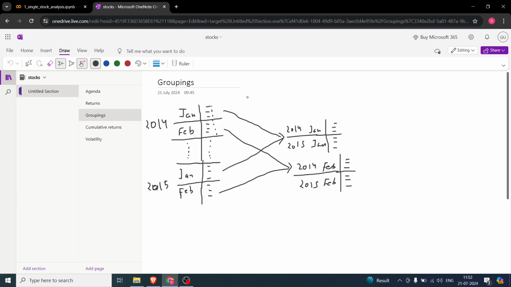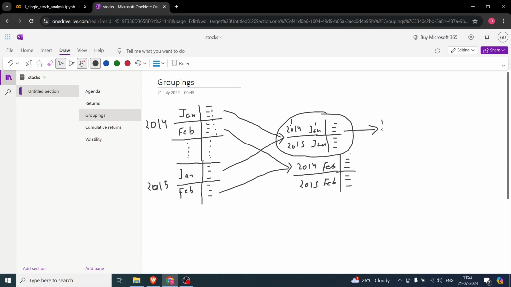Now let's say I want to see the average closing price of the stocks in the month of January. Obviously there are 20 Januaries, which means we will take all the Januaries and convert them into one group. We will have this one group where all the stock prices belong to the month January for all the years, so 2014, 2015, and these are the stock prices.